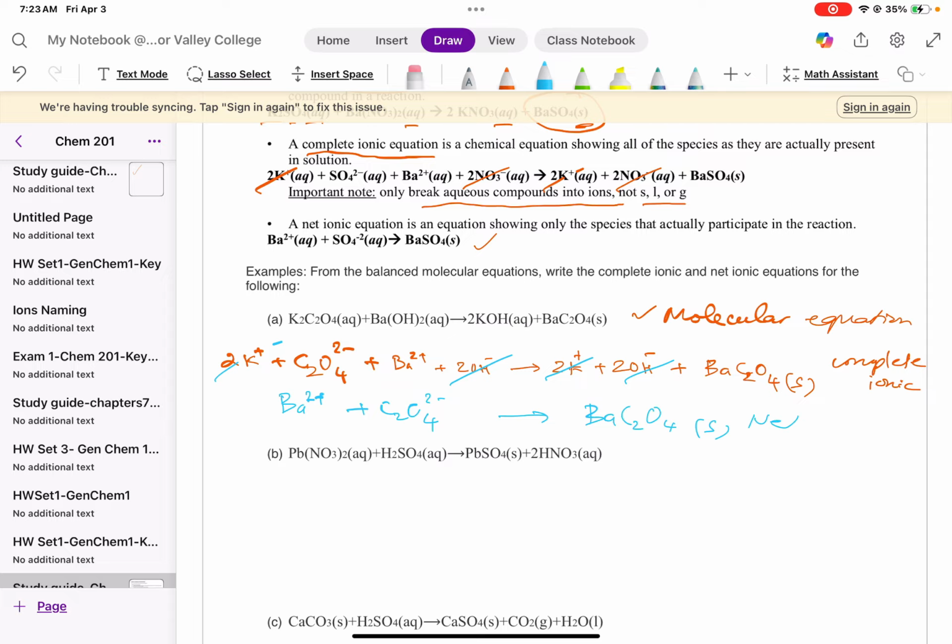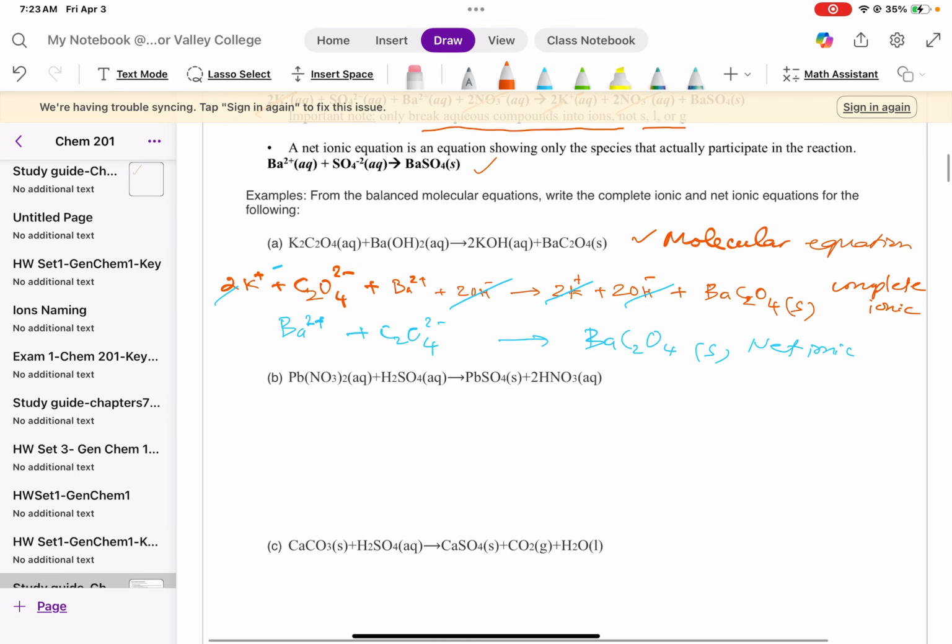This is going to be the net ionic equation. Over here, make sure we don't break that.